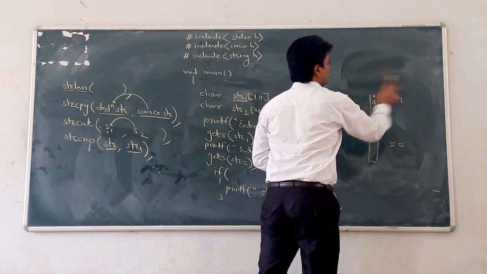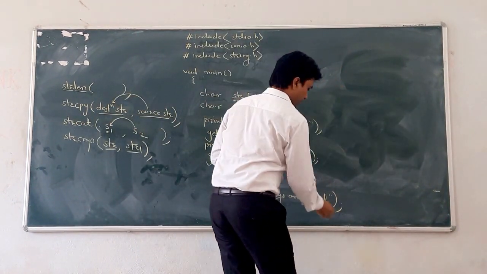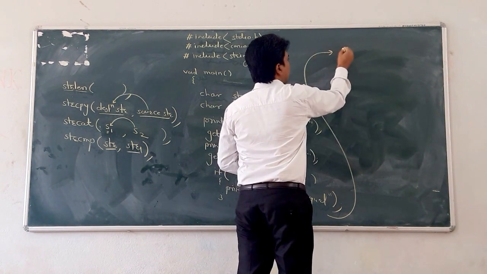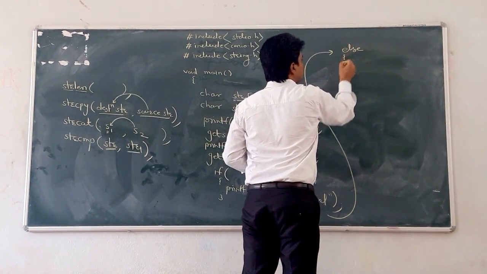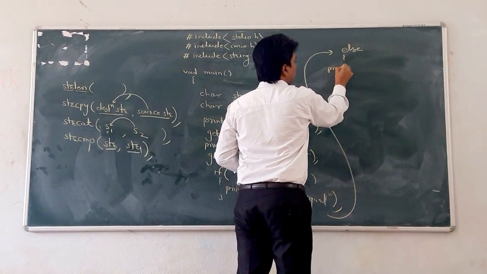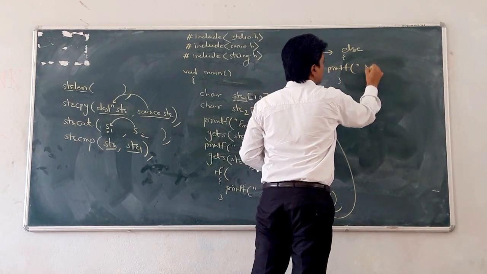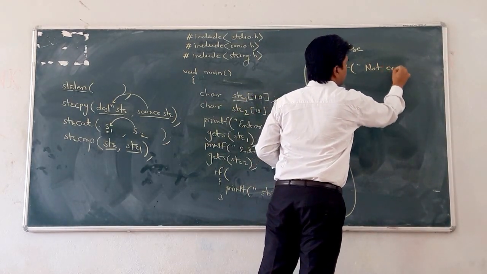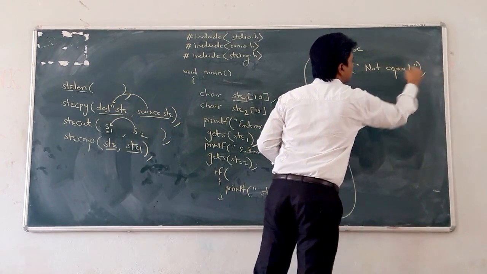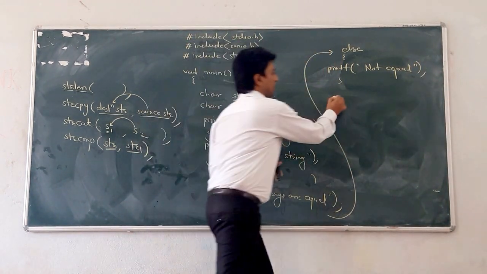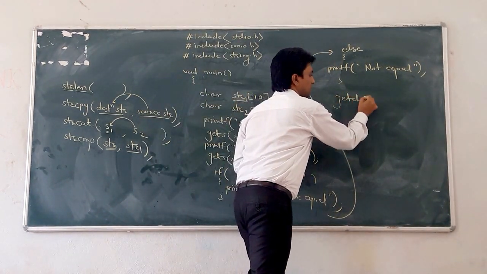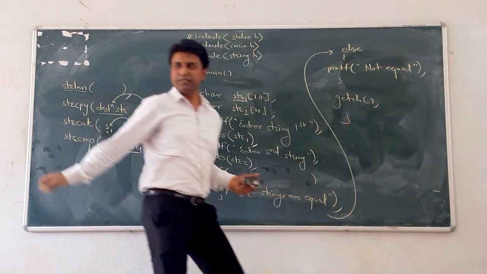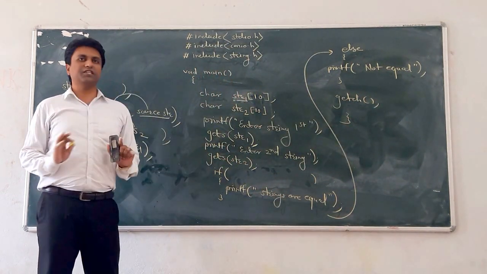Else, otherwise, else, printf "not equal". Double quotes complete. Semicolon. Getch and main function completed. So now what is the condition here?